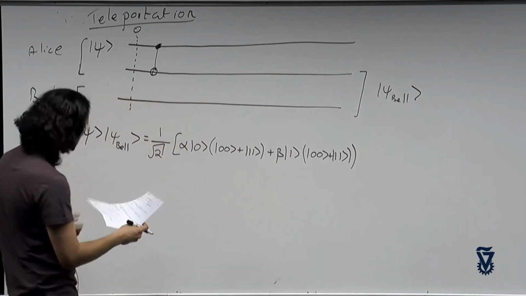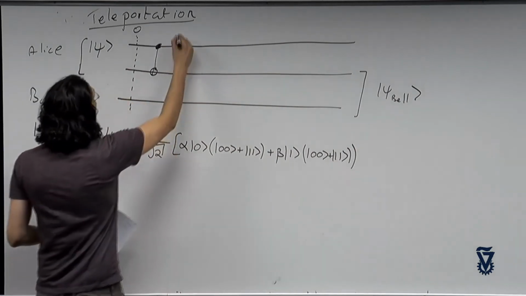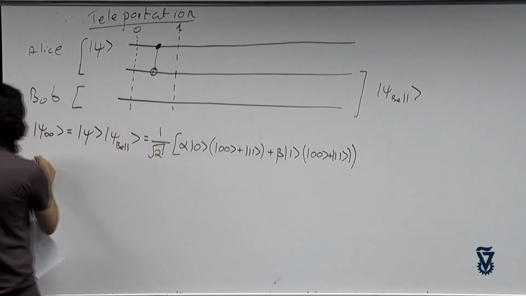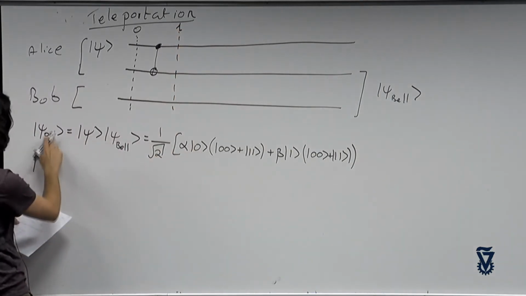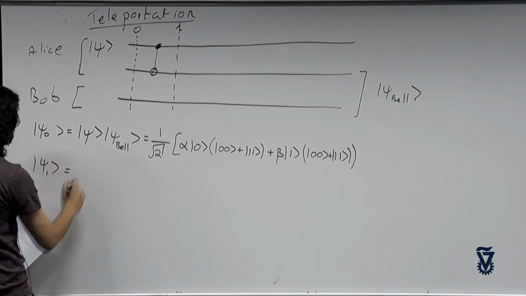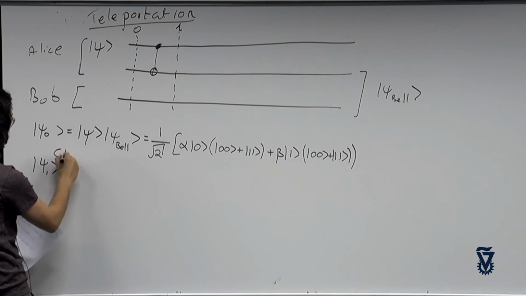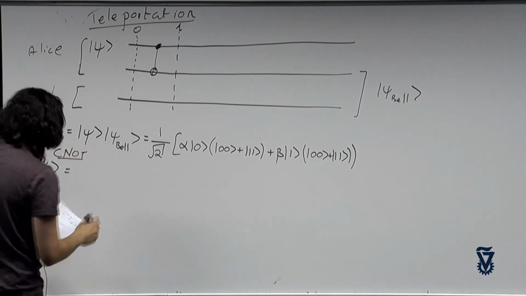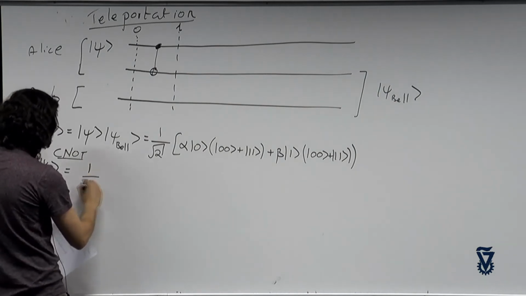So we'll call this psi 1. Why did I put 2 zeros here? Just psi 0, psi 1. So we're applying here a CNOT, and the result is going to be 1 over square root of 2.